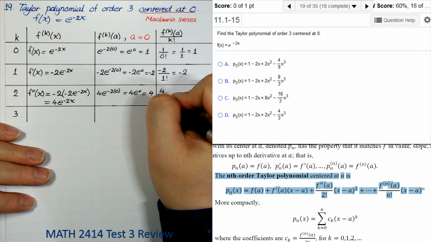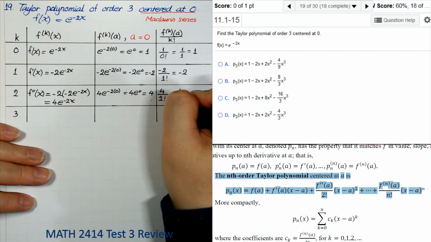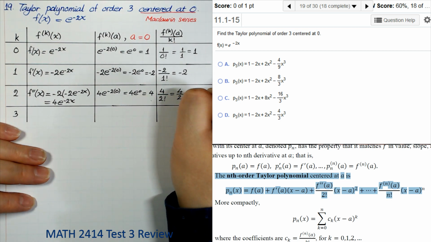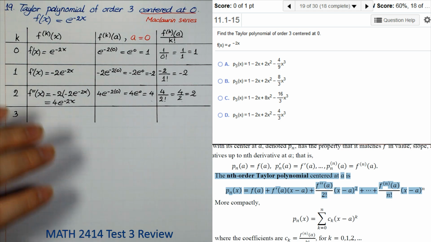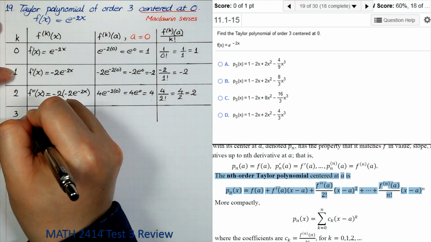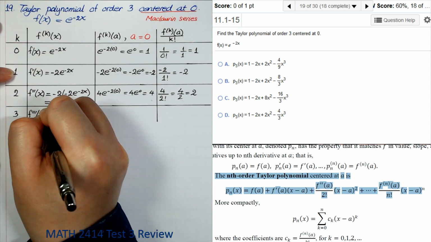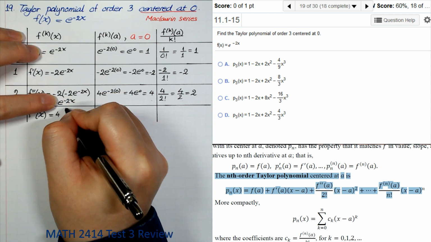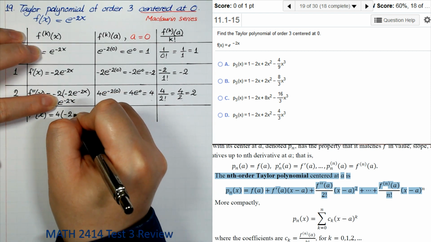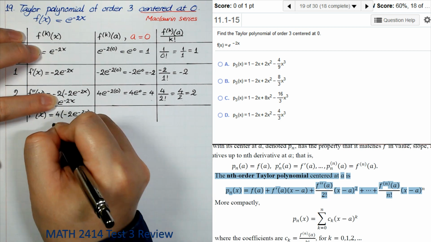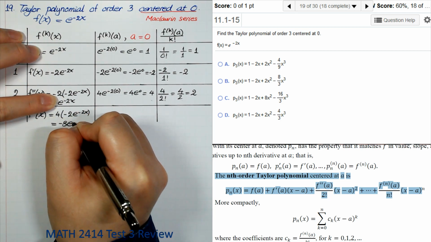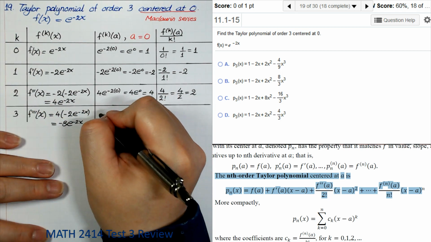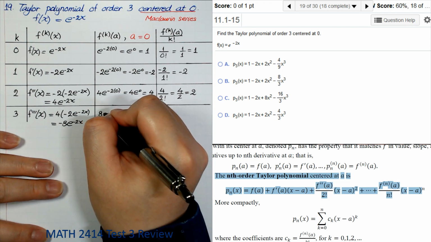Divide by 2 factorial, positive 2. Third derivative of e to negative 2x is the same thing. Eight.